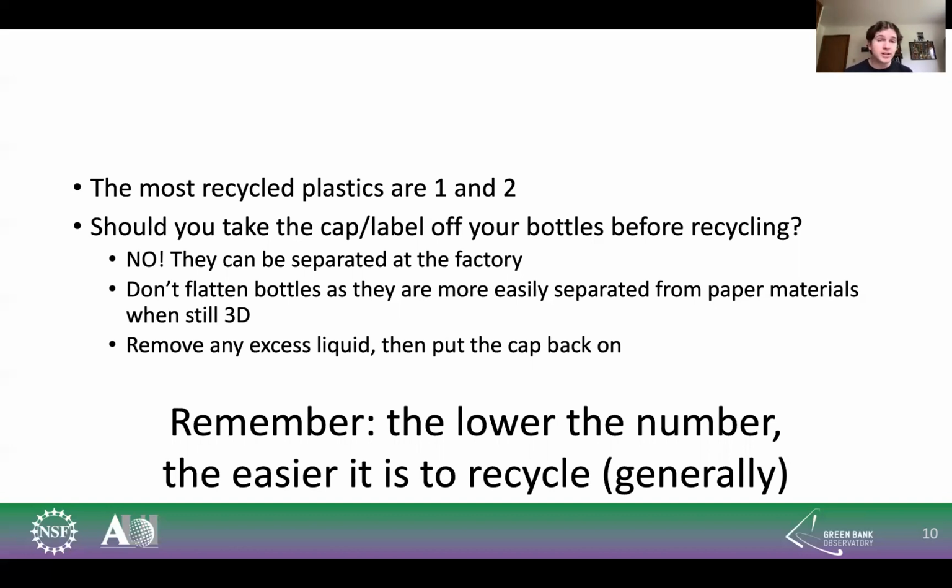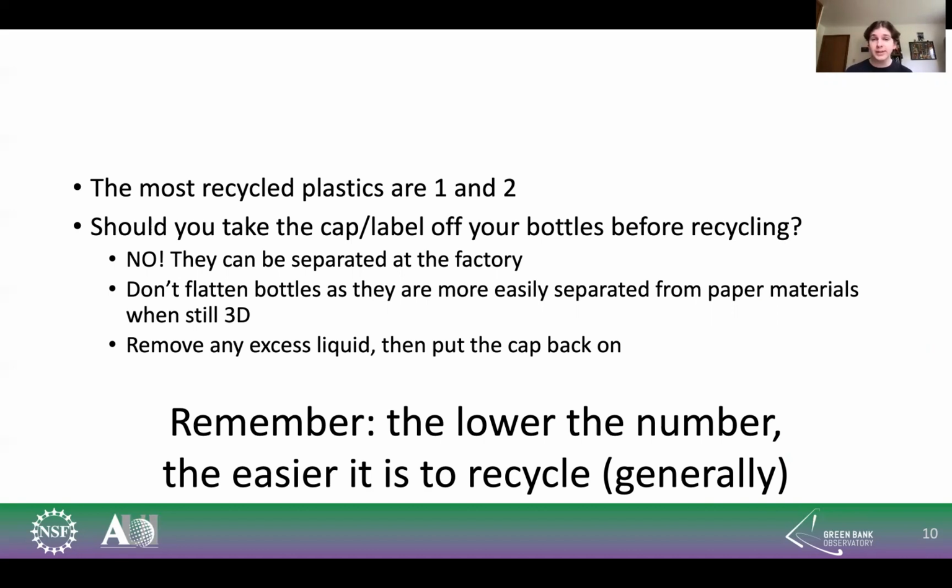A big question that people tend to have is, do you leave these things on, or should you take them off before sorting them and recycling them? And while the answer used to be yes, remove them, nowadays, actually, you should absolutely leave everything on.